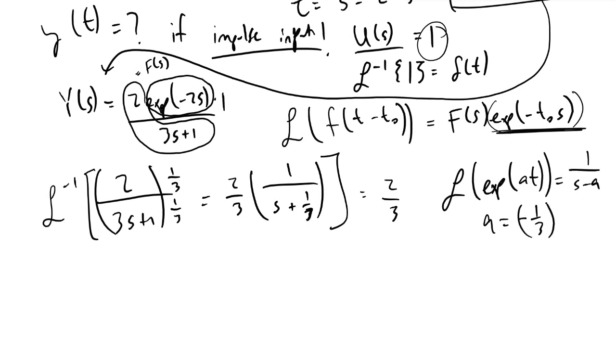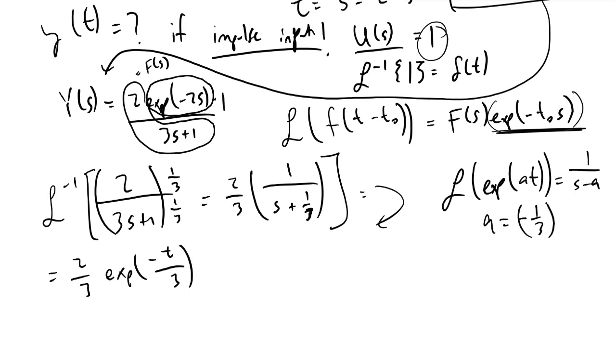So working backwards from that, what this is equal to is 2/3 times the exponent of minus t over 3.